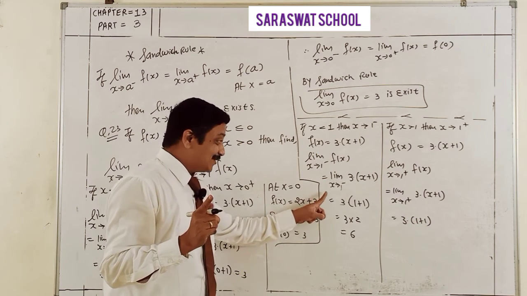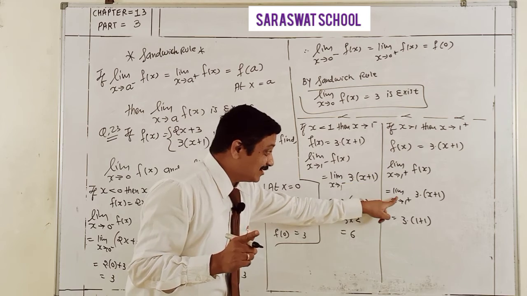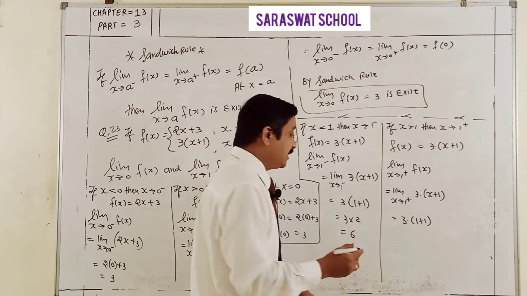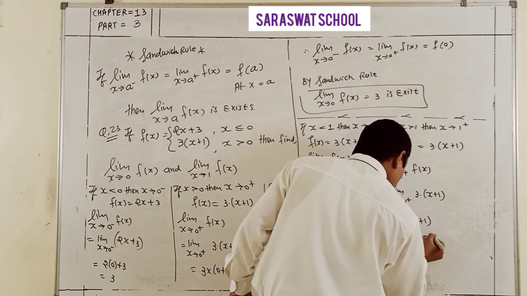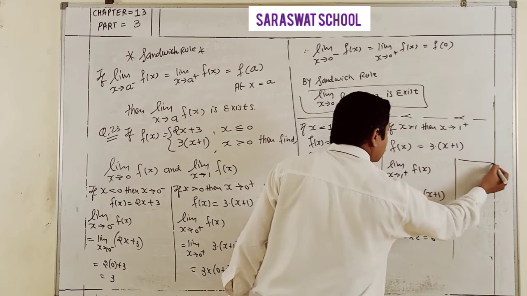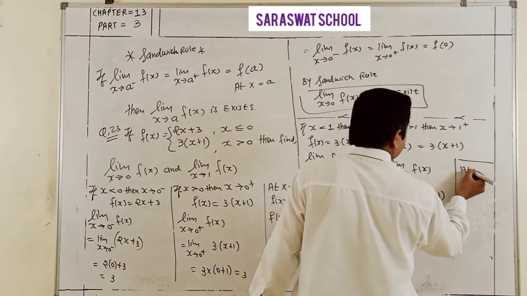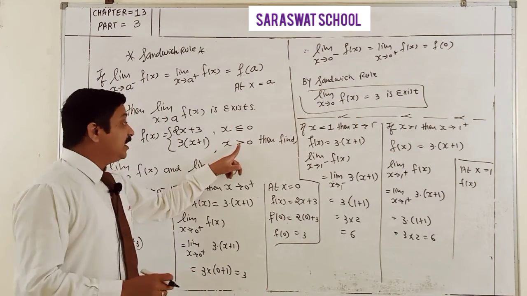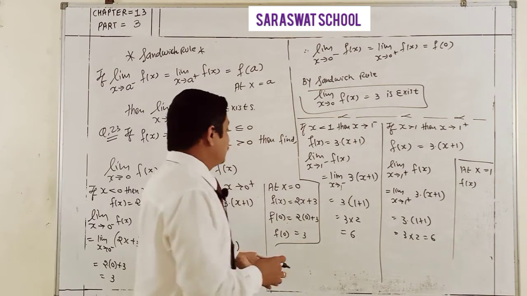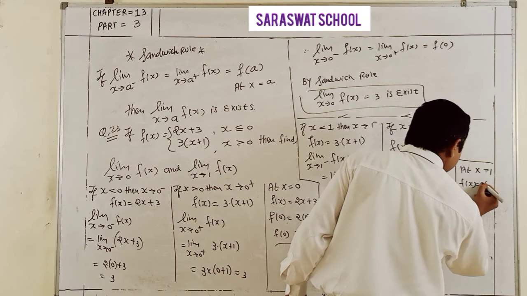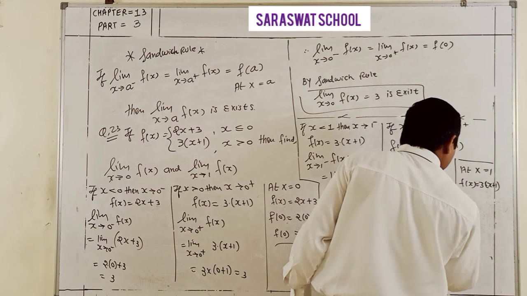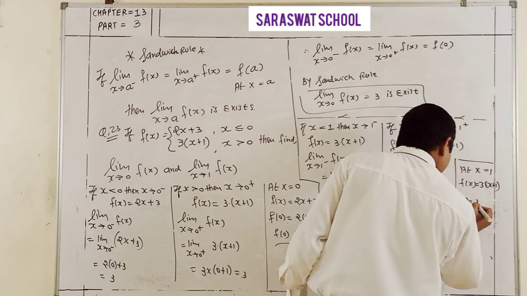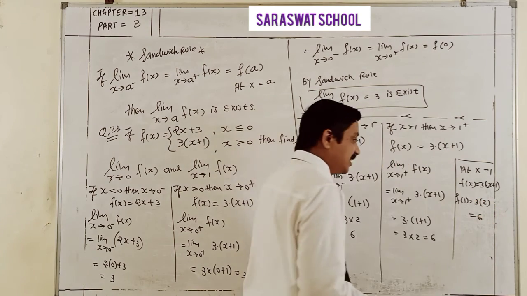Plus indicates right hand side limit. 3 into 2. And last case, at x is equal to 1. Again the function is moving ahead to this, greater than 0, it means 3 into x plus 1. So your data is f(1), 3 into 2, 6. Check.